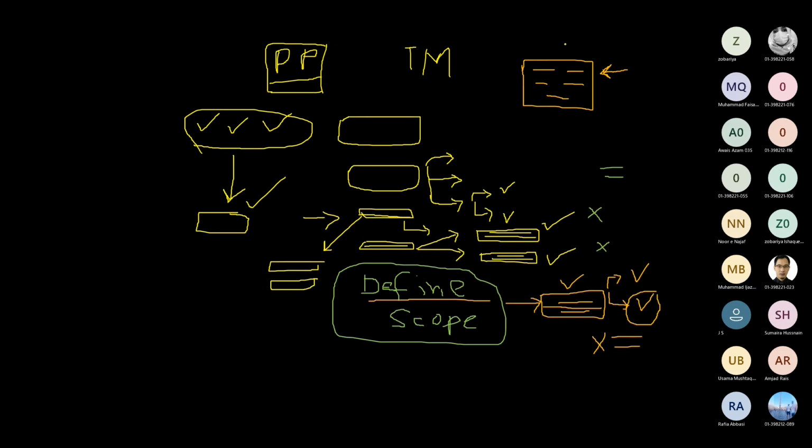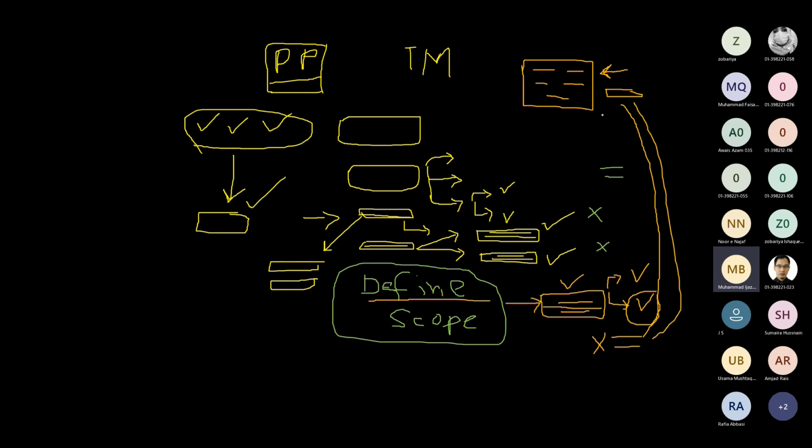We need to first be clear about one thing: whether acquiring the land for this project is part of my project scope or not. If it is not, I will write it down in the exclusions. Similarly, taking approvals and NOCs for this land, is it part of my scope or not? I need to write it down.